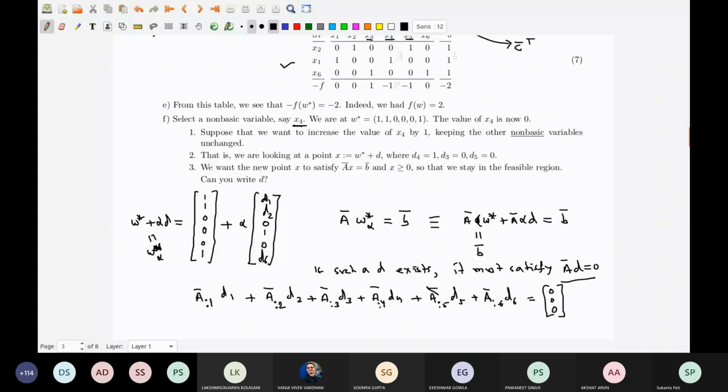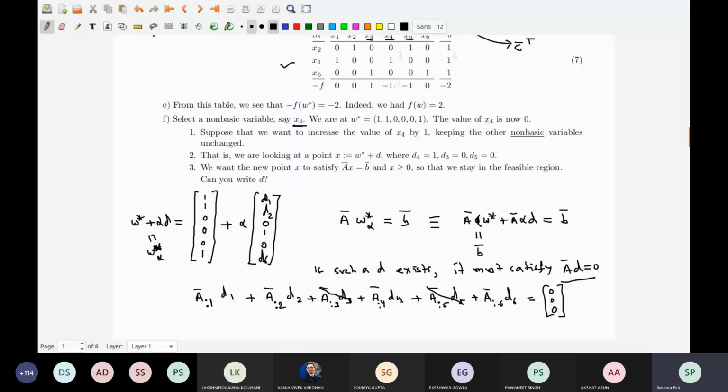And what was the A bar second column? Now the A bar second column was E1, so you write this as E1. And what was the first column? The first column was E2. What was the sixth column? The sixth column was E3.